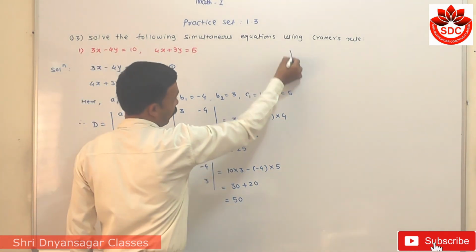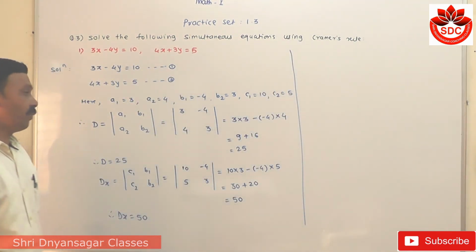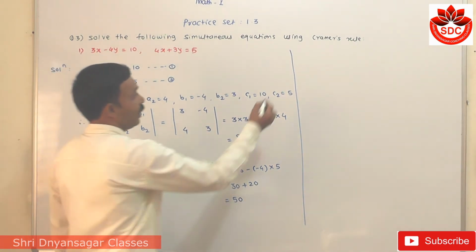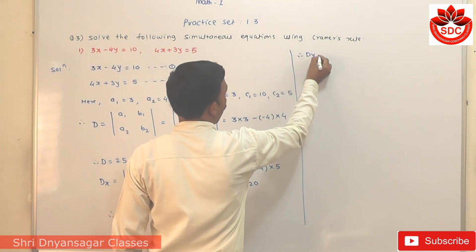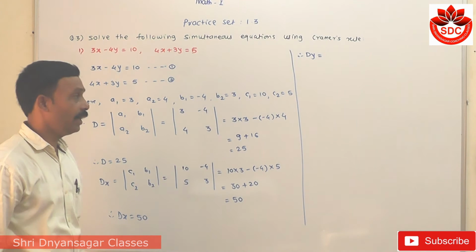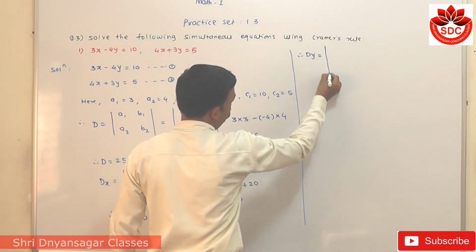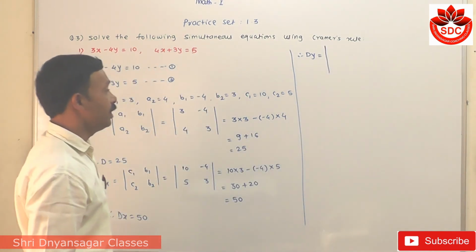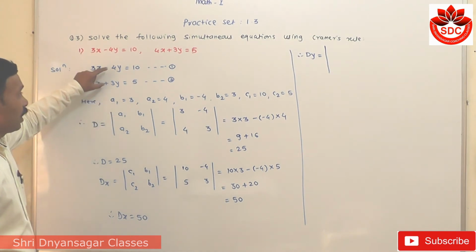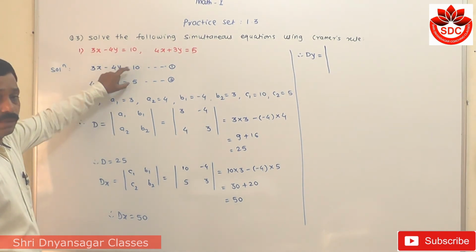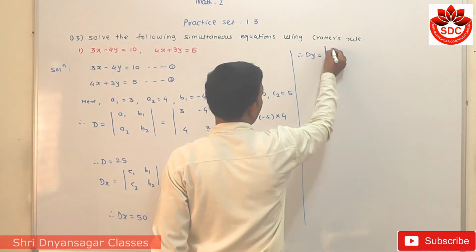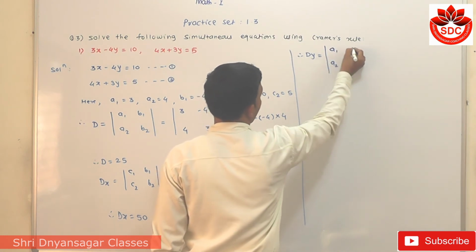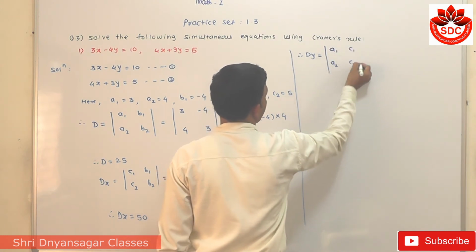Then we calculate the value of determinant of y. How to find it? In this, rather than b1 b2, we write c1 and c2, meaning a1 a2, and here c1 and c2.